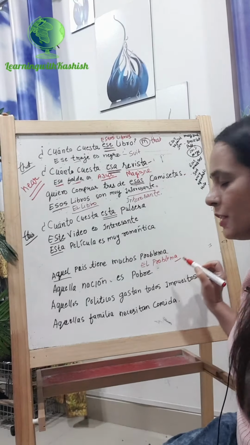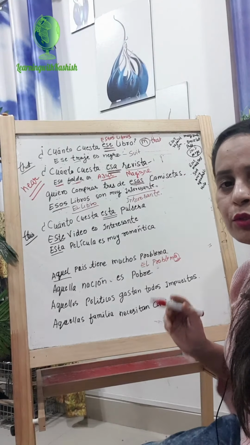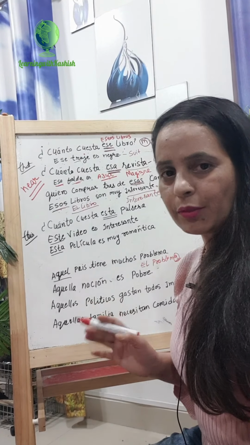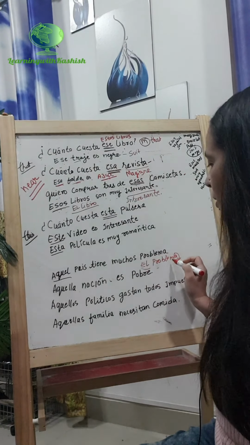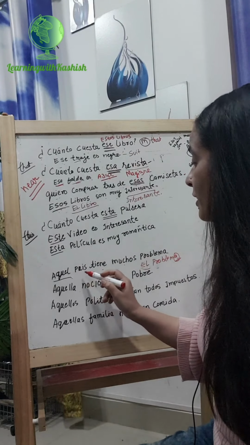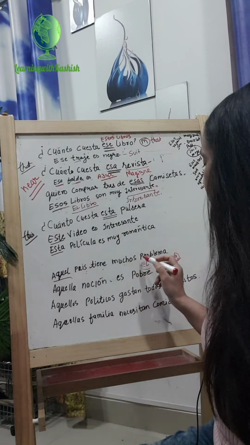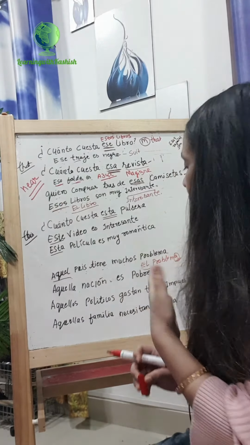Every time when a noun is ending with a, we think that it is feminine, but there are exceptions. For example, this is masculine, el problema. Aquel país tiene muchos problemas, that country over there has many problems.